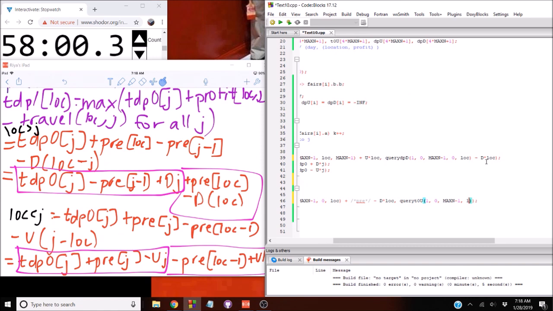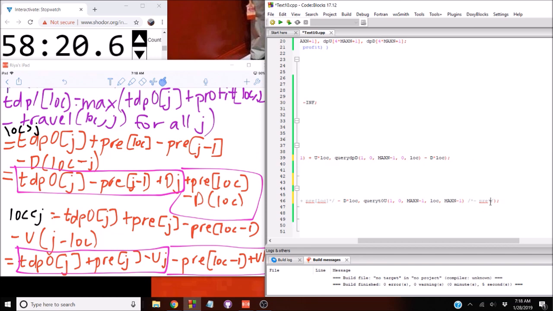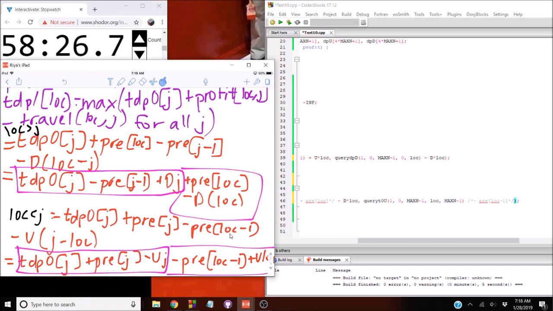So this is querying lock to max n minus 1. And then we have to do minus pre lock, this is plus pre lock, and this is minus pre lock minus 1, plus u times lock.